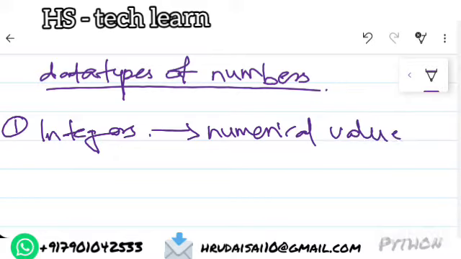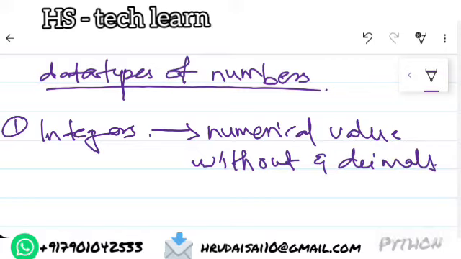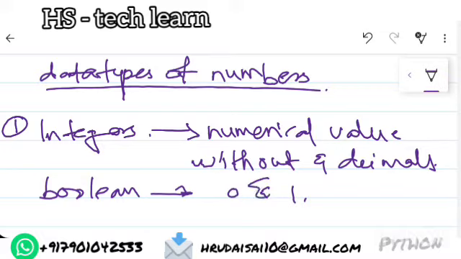Numerical value without any decimals. This is called integer values. And what are Boolean numbers? Hope you remember 0 and 1 are called Boolean numbers. 0 represents the false and 1 represents true.